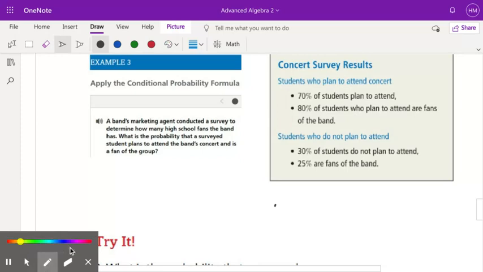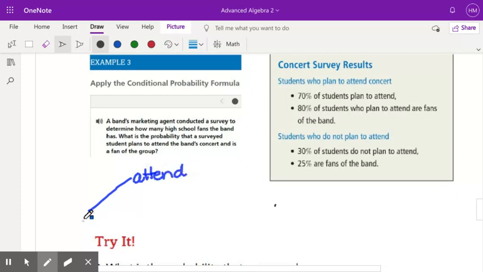So it looks like the first question they asked is, are you going to attend or not? So first question, attend or not. So I'll say attend or not. Okay, and whenever you're making a tree diagram, you want the 2 branches to add to 1 because we want to account for all the percentages.